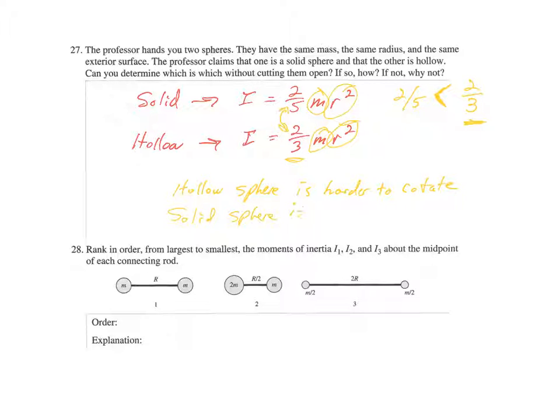Now, careful here, these are same mass, same radius. Why is that? Because the solid sphere has more mass closer to the center. That's a huge deal. It's a big deal. Kind of like me.